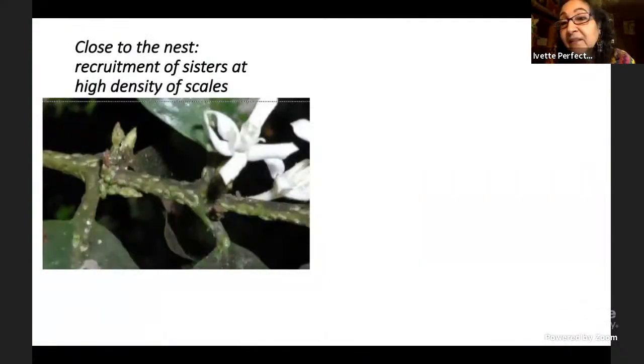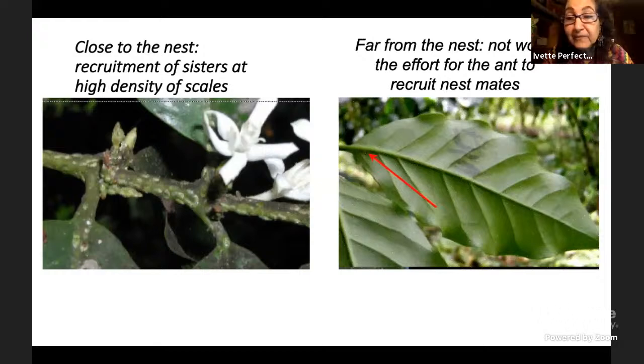Well, it depends on how many scales there are. So very close to the nest, that's where the high concentration of scales is, and they are dispersing farther away. So close to the nest, ants recruit other nest mates because the scales are at high density. However, far from the nest, you might get a crawler that disperses farther away.